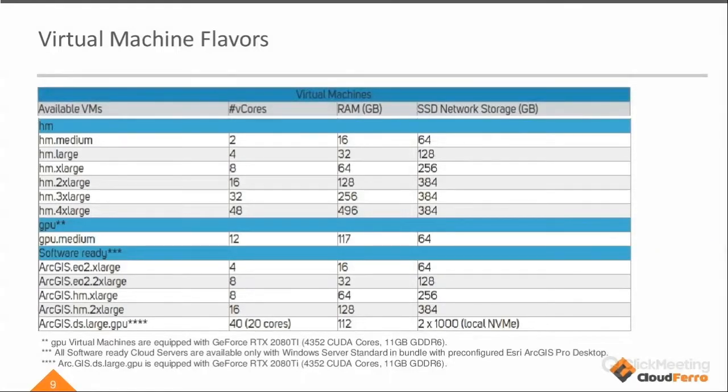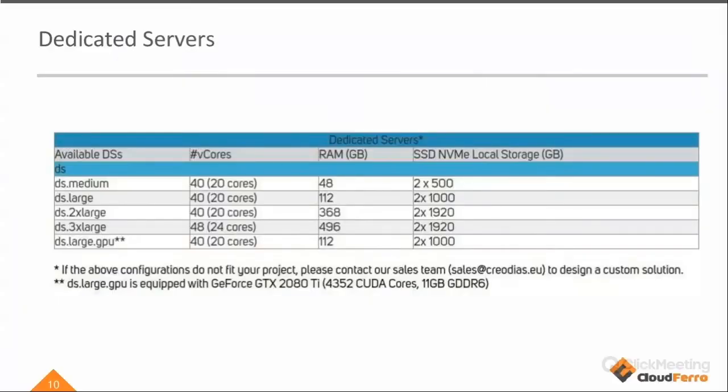For example, ArcGIS software, very popular and well-known, is already installed on our virtual machines. There are a few different flavors of them. Besides, we also have QGIS and SNAP software installed on the virtual machines. What is more, we also have dedicated servers.